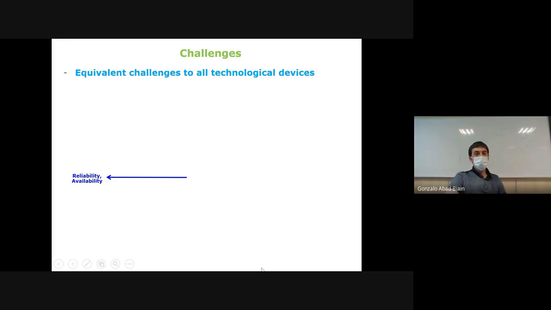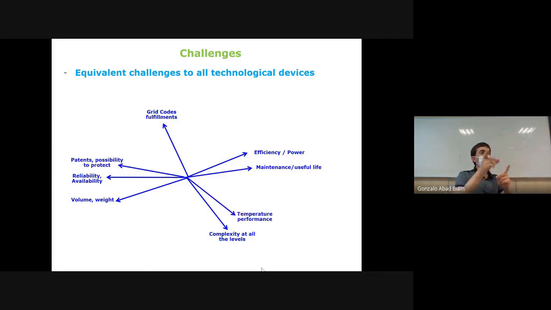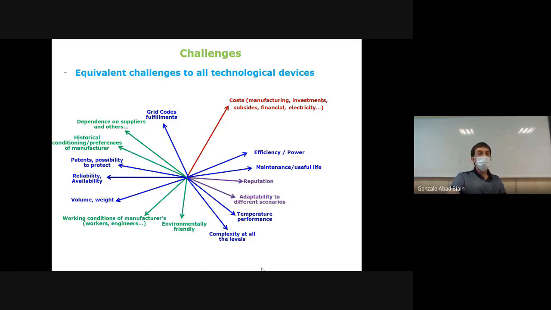And as I always say, this is a multi-objective optimization process. This is a multi-objective challenge. There are many vectors pushing in different directions. Reliability, grid codes, reduce the losses, increase the power, reduce the complexity, reduce volume, and so on and so on. Many vectors of different nature pushing in different directions.